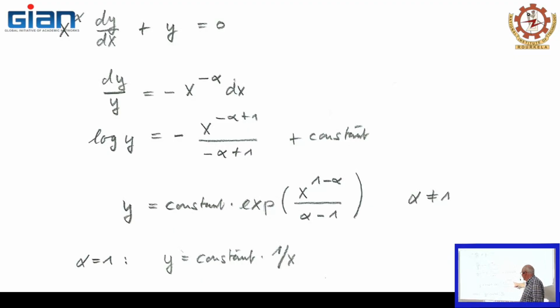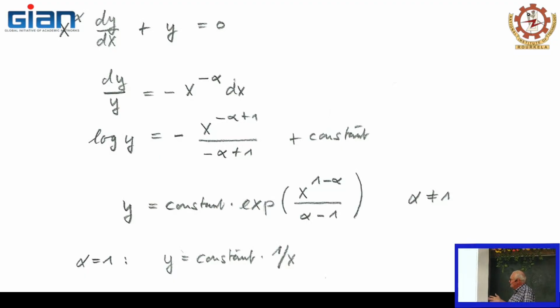If alpha is bigger than 1, this diverges, and of course the exponential diverges too. And if alpha is smaller than 1, then you have a nice behavior, so it's no longer diverging. This is an example for an irregular or regular singular point, depending on whether the coefficient of the highest derivative vanishes faster or less fast than the power given by the order of the differential equation, which is here of first order.